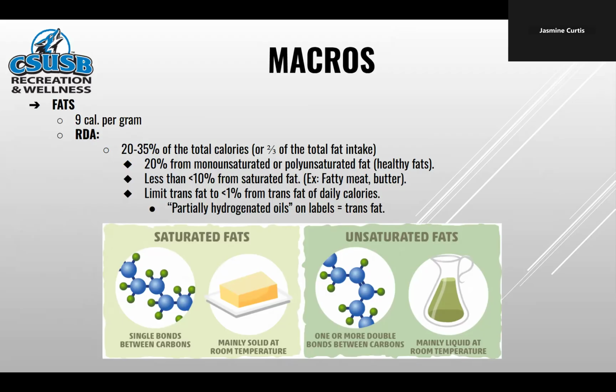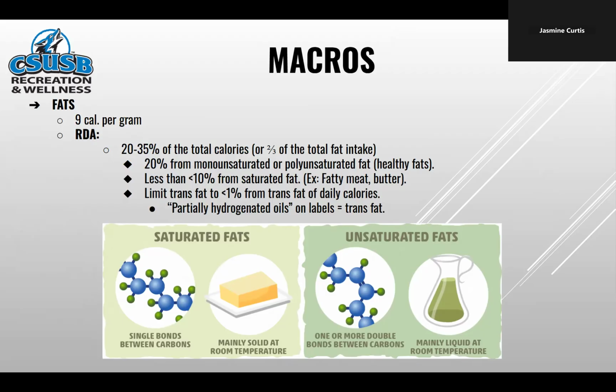So an example of saturated fat is like fatty meats, butter. We want to really limit those. And even more so, we want to limit trans fat to less than 1% of our daily calories. And if you see partially hydrogenated oils on labels, that's considered trans fat.